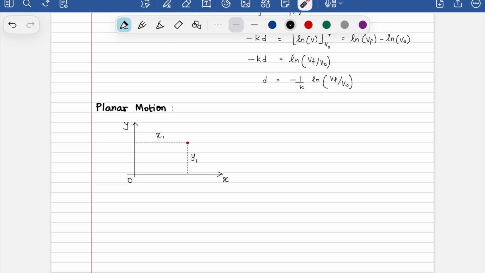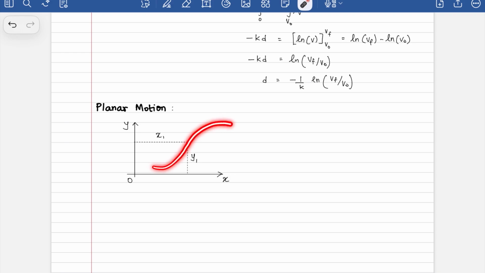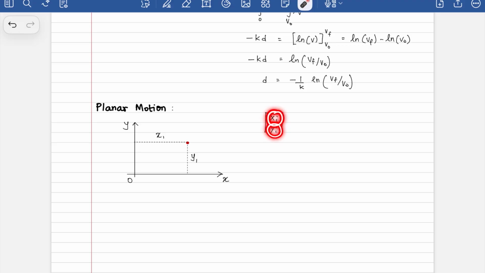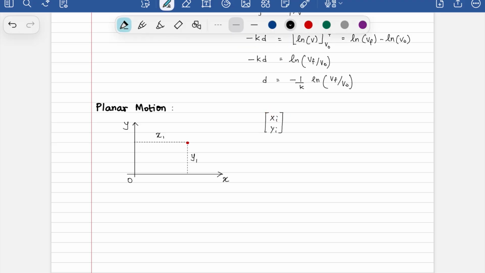Now, as this point moves with time, at any instant of time, if you want to know its location, all you need are its coordinates, that is xi, yi. Anytime that you have these ordered sets of information, in this case the first is xi, the second is yi, this sets up the idea of a vector representation.